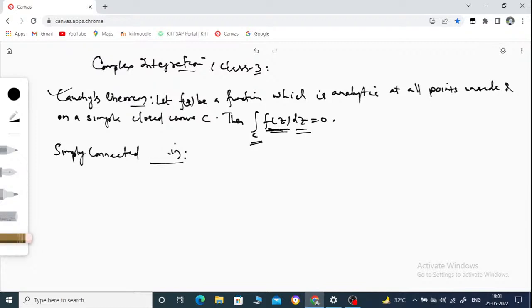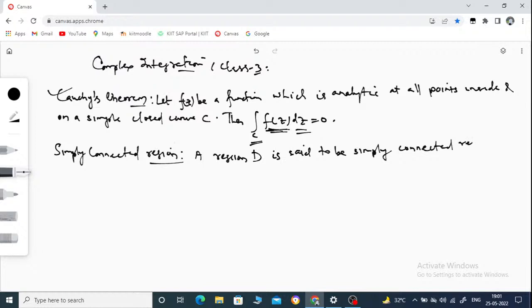A region D is said to be a simply connected region if every simple closed curve lying in D encloses only points of D.